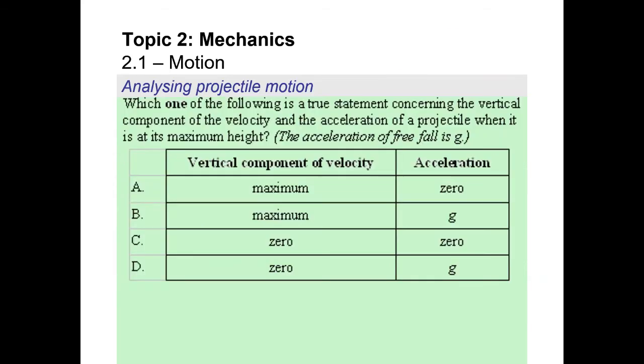Which one of the following is a true statement concerning the vertical component of the velocity and acceleration of a projectile when it is at its maximum height? The acceleration is always g for projectile motion, since it's caused by Earth and its field.